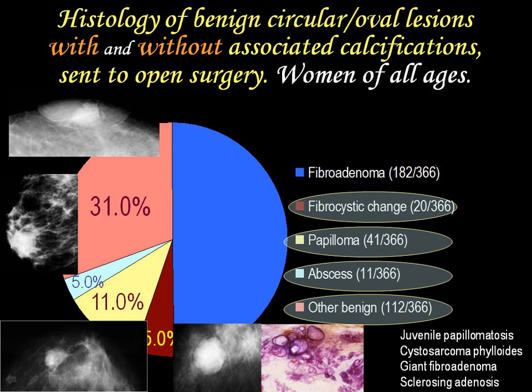Dear colleagues, when we talk about one of the differential diagnostic problems, that is circular oval lesions with or without associated calcifications, fibroadenoma takes a leading role, especially in younger women. And this is the statistics about all those circular lesions that have been sent to surgical biopsy, not because we could not establish the preoperative microscopic diagnosis, but because of patient preference.